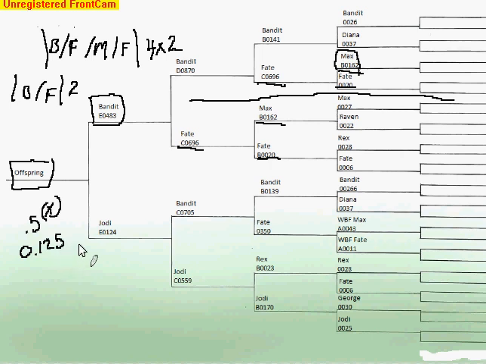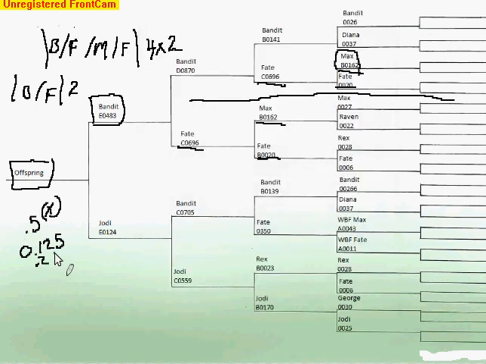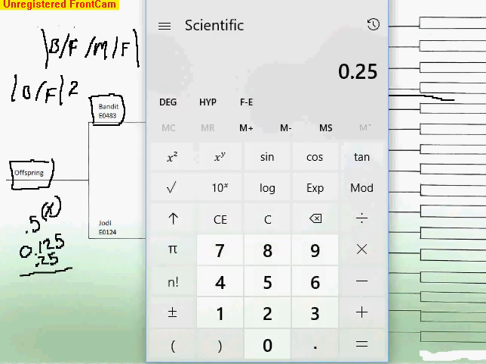Now we're going to do that next one, which is 0.5 to the coefficient of 2. And that only happens once, so we have 0.25. And we're going to add that on the calculator so that I don't make any mistakes.